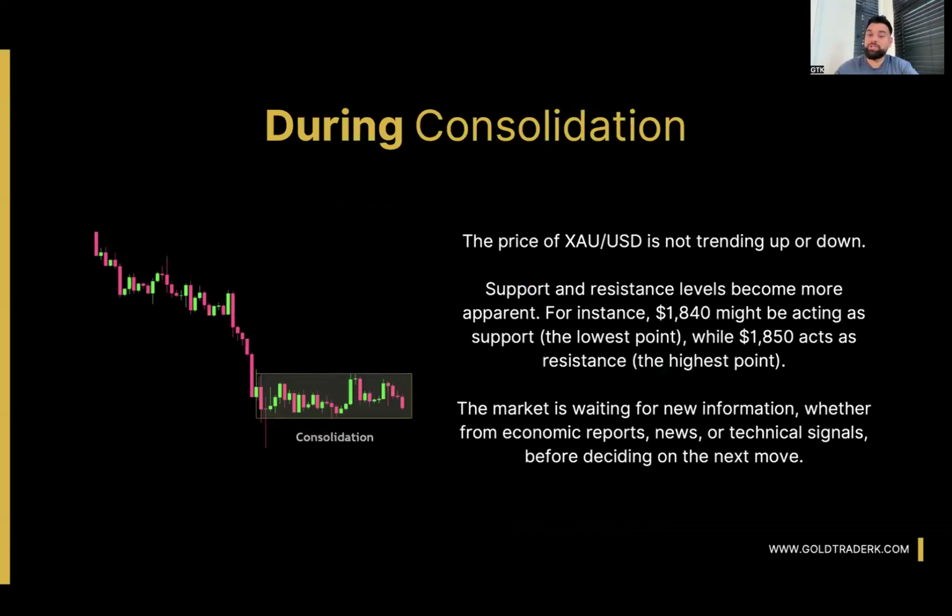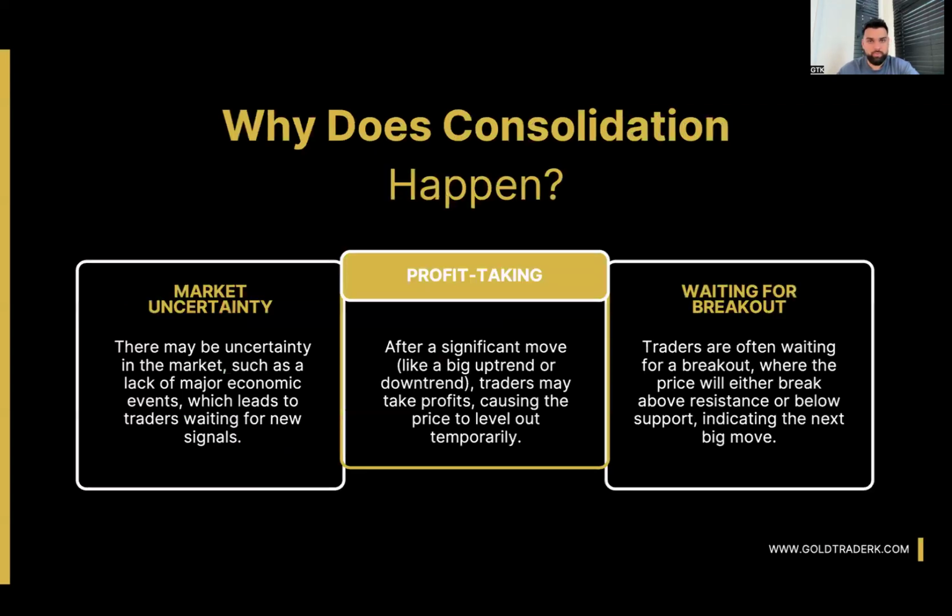During consolidation, the price of XAUUSD is not trending up or down. Support and resistance levels become more apparent. For instance, 1840 might be acting as a support, the lowest point, while 1850 acts as resistance, the highest point. The market is waiting for new information, whether the economic reports, news, or technical signals before deciding the next move.